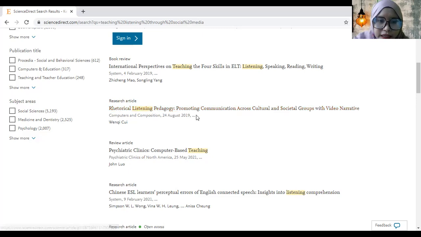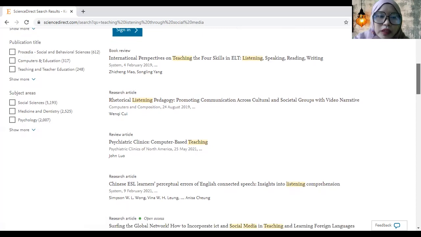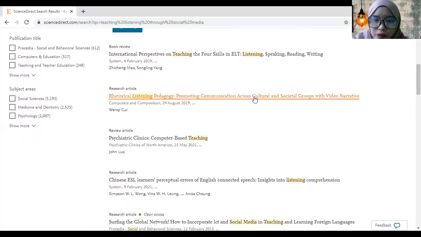So you could take this one as a source of your references, because it has one main keyword, listening, and one sub keyword, video, which is included in technology.